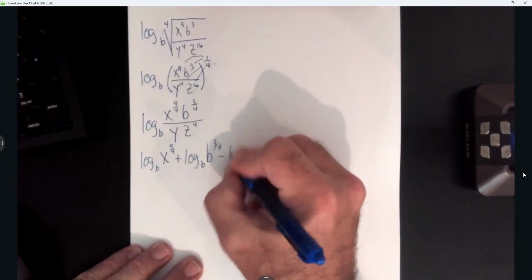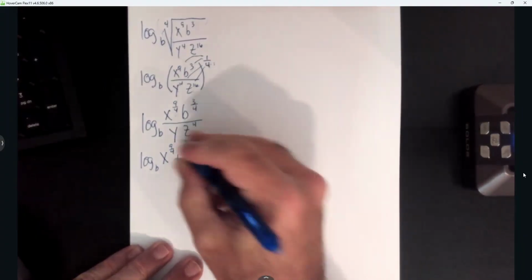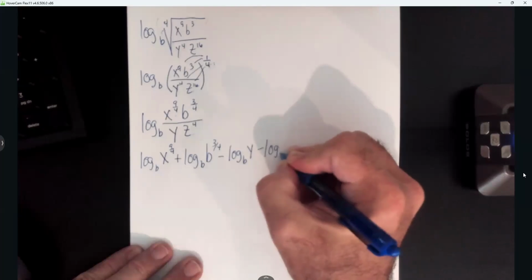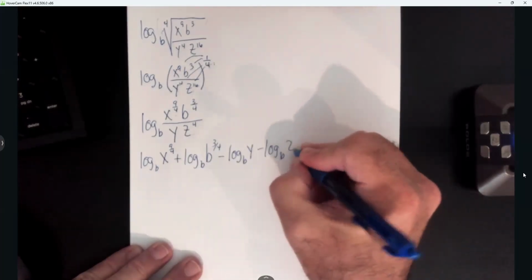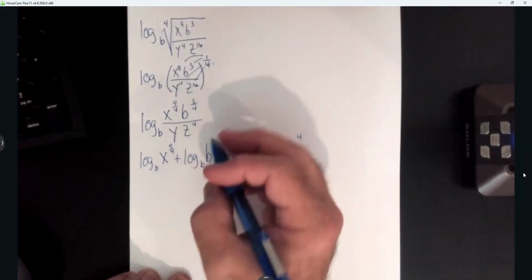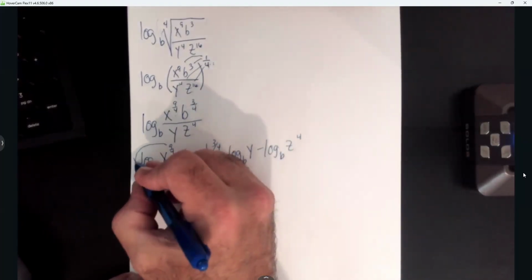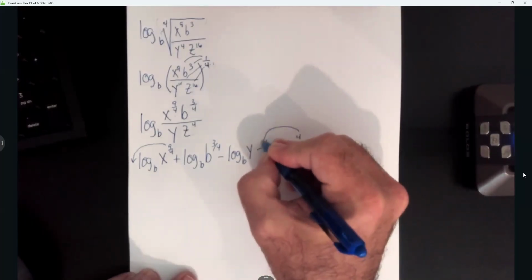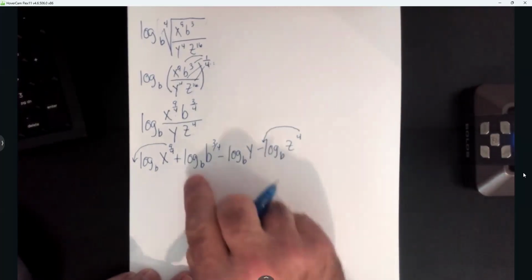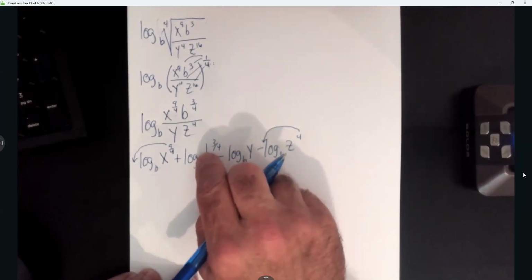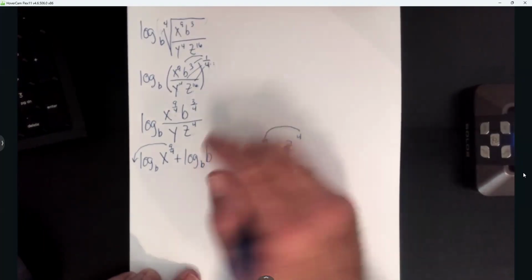They're getting subtracted. Minus a log B of y minus a log B of z to the 4th. Now, this one, I'm going to bring the exponent down. The y don't have an exponent. This one, I'm going to bring the exponent down. But right here, you got log base b of b to the 3/4.